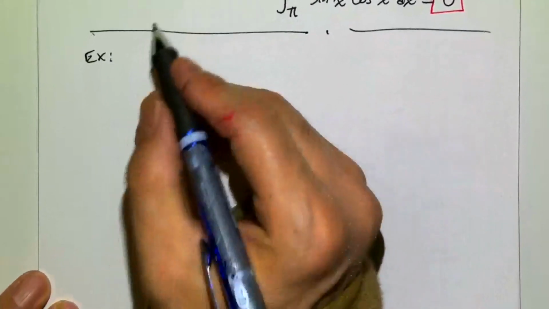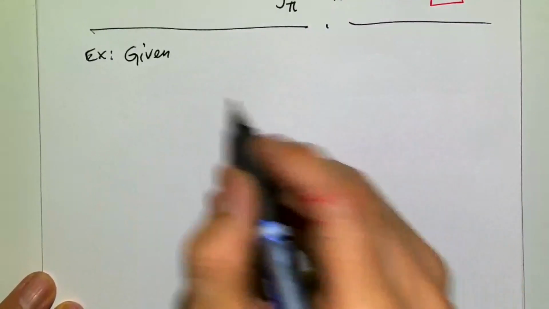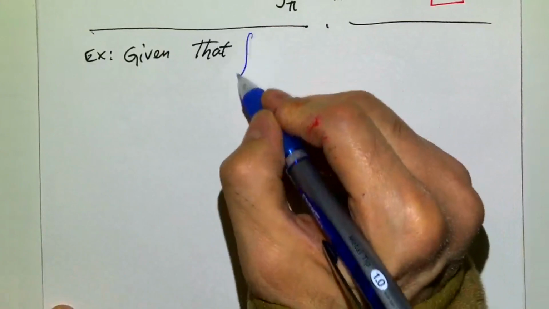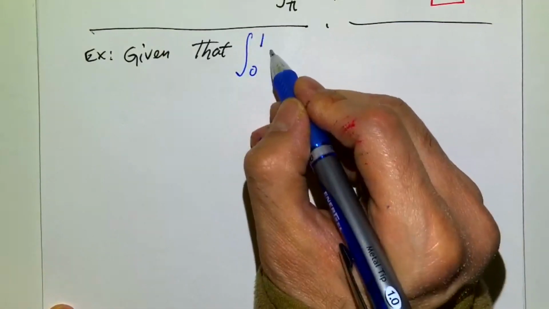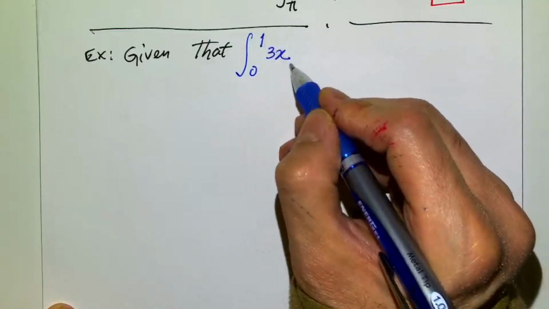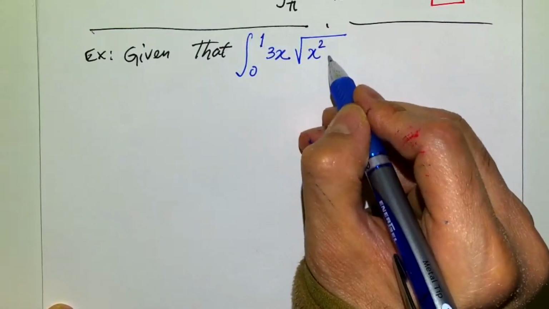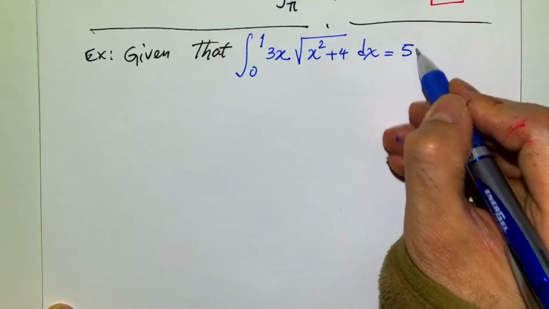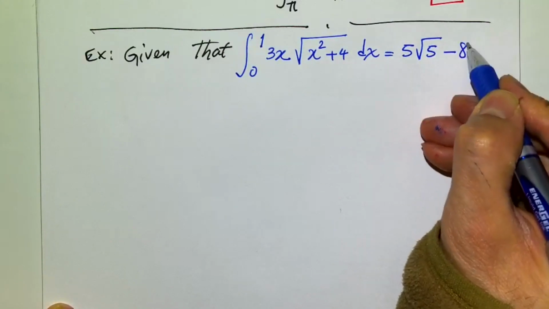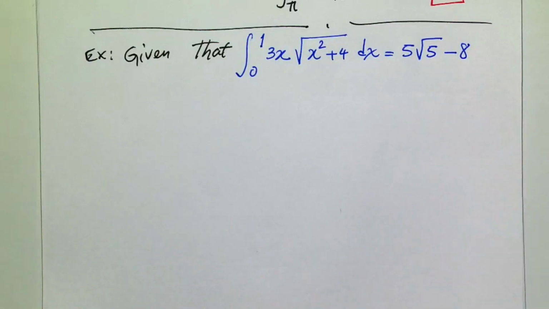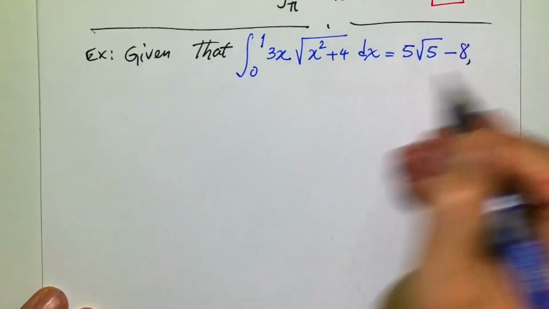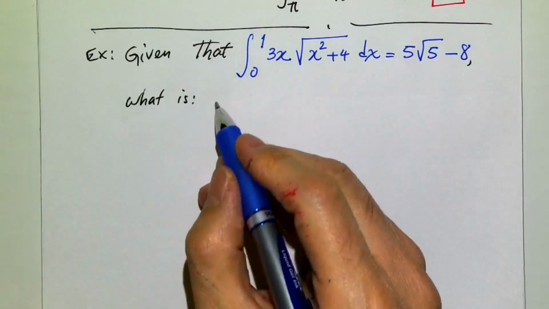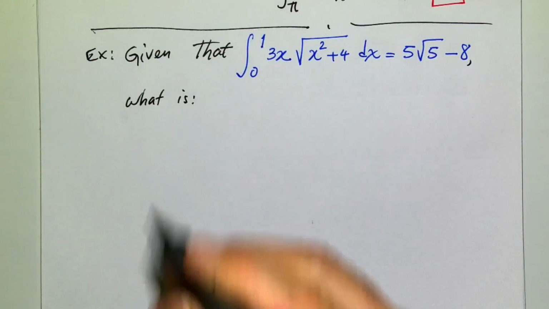So given that we have this equation, minus 8, given that, we ask, what is the value of this?